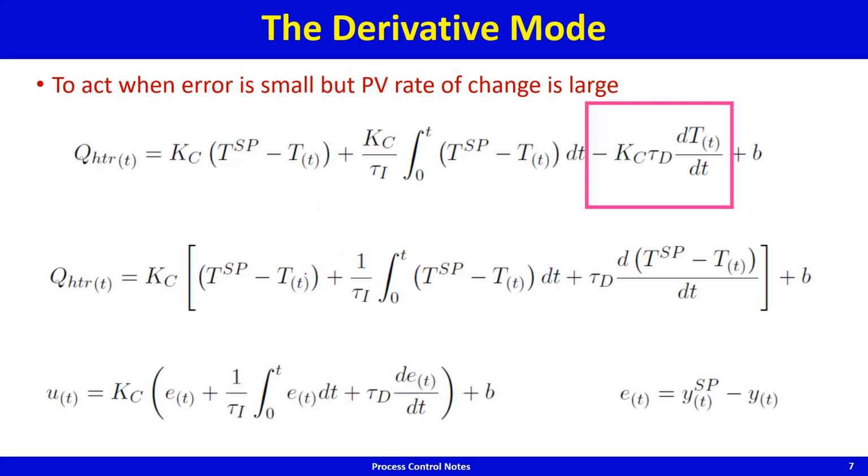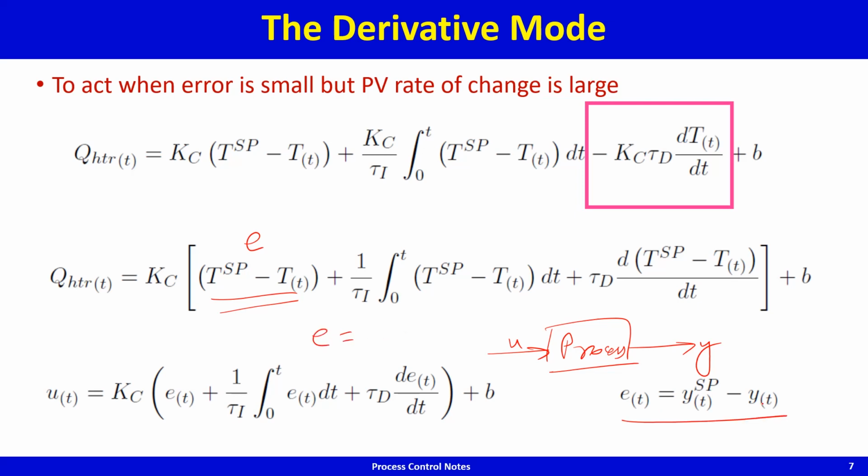Again, by the way, this is called the error. If you have a process system where you have the control input and you have the process output y, the error is the deviation away from set point.